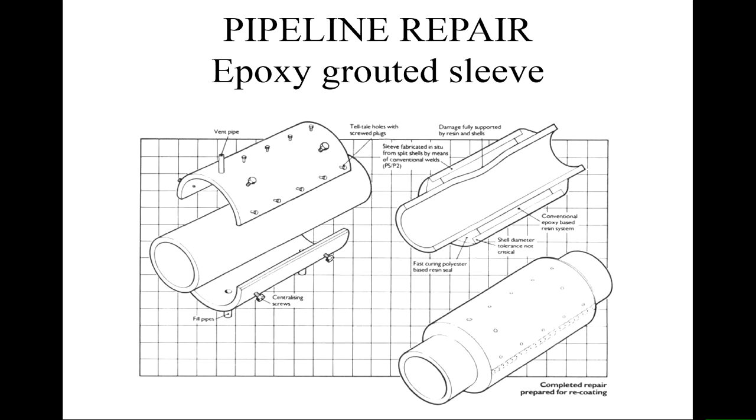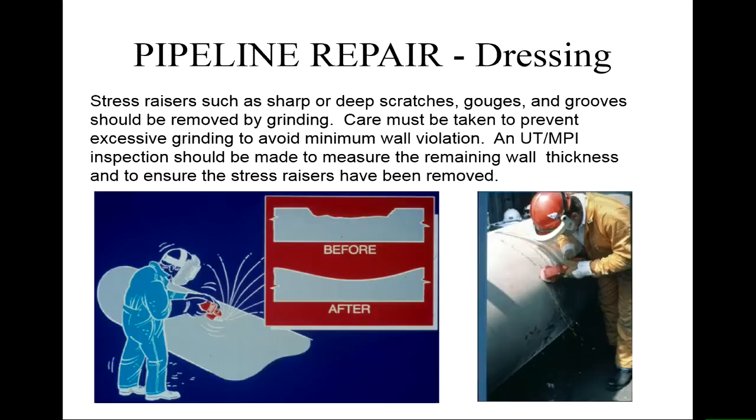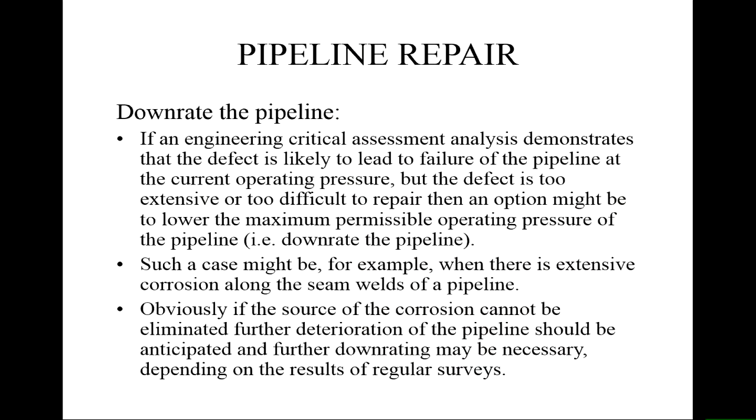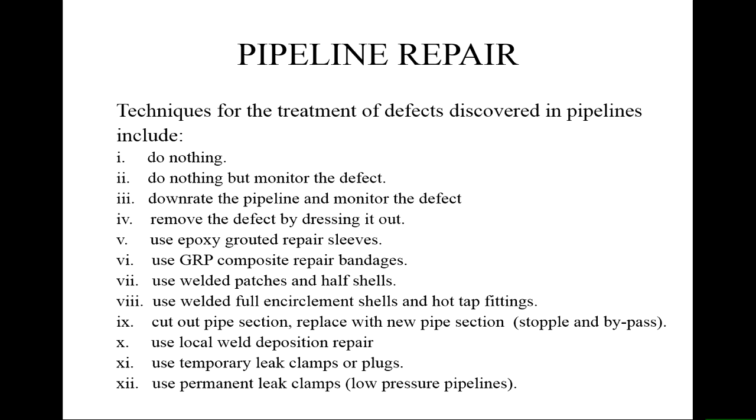They can be welded or bolted, as in this image, and the gap between them is filled with epoxy resins. And the tests show that they are very good repairs because during the hydrostatic testing, neither of these repairs failed. Actually, the pipe will fail in some other areas.